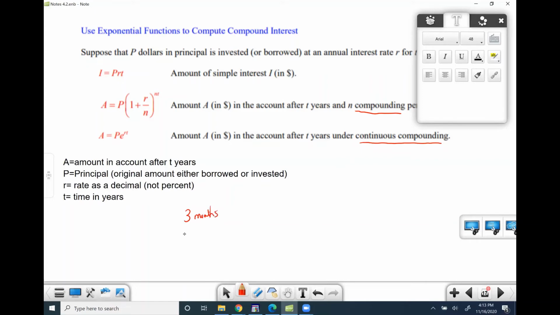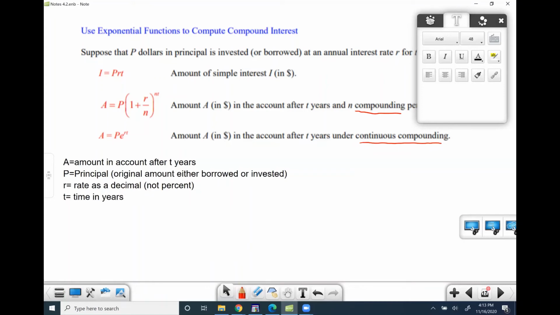You better put 3 out of the 12 possible months, which gets you a quarter of a year. So make sure you're always giving it to me in terms of years. That's something I could see myself doing. It says 3 months and I just go and put a 3. So we always want it in years.